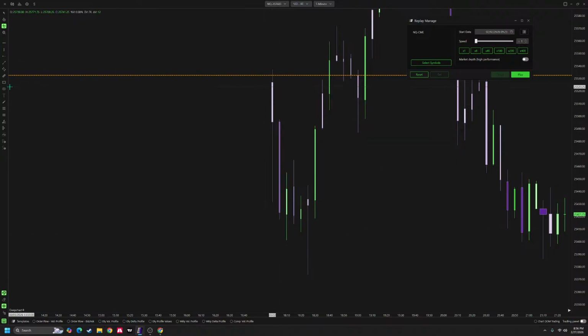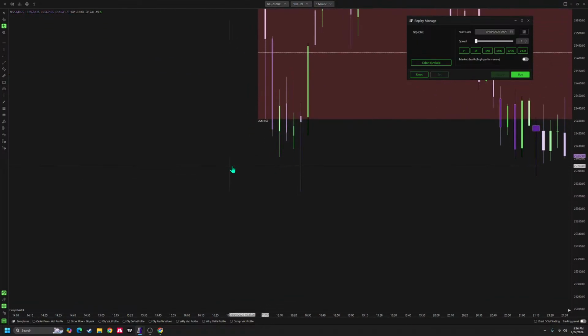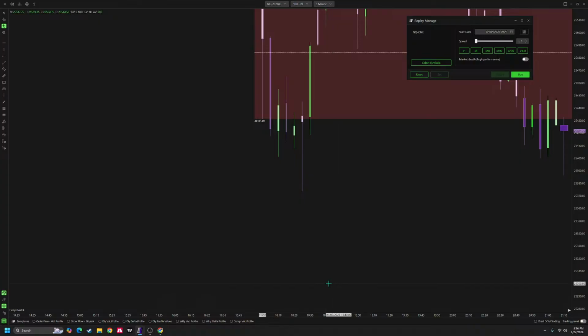So there was something that happened right here. I could go back and look at news, but this was a crazy candle right there. And that was on, what's that say, February? Is that February or January?